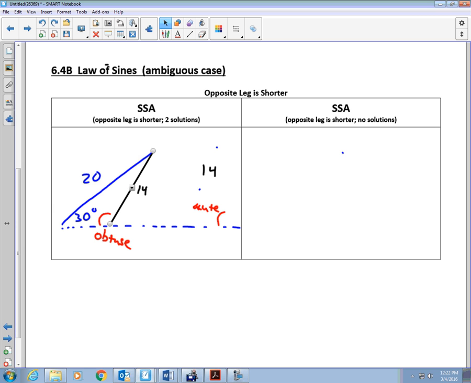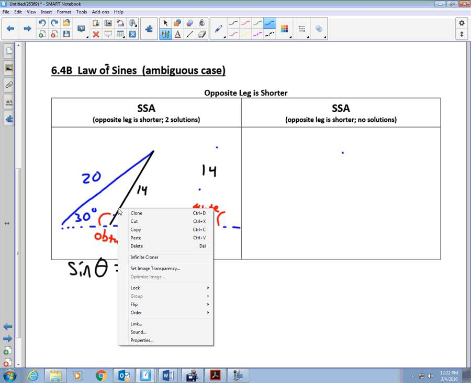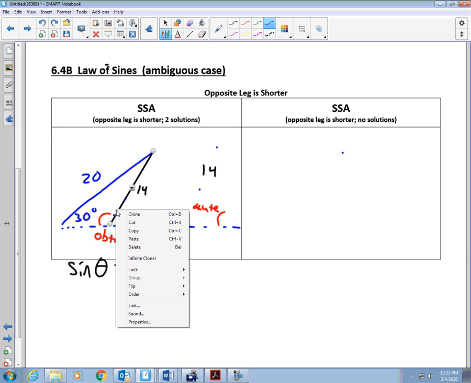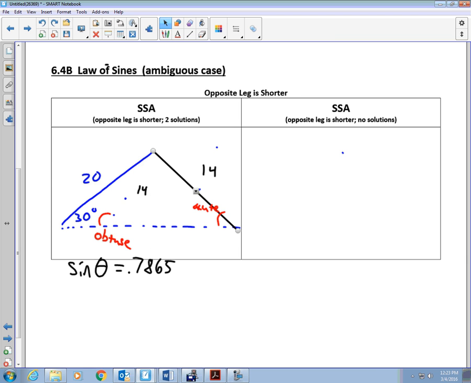Well, let's look at the law of sines and what it tells us. If you got sine of theta is equal to 0.7865, you tell me in which quadrants is sine positive. 1 and 2. So if the angle is in the first quadrant, is it acute or obtuse? Acute.